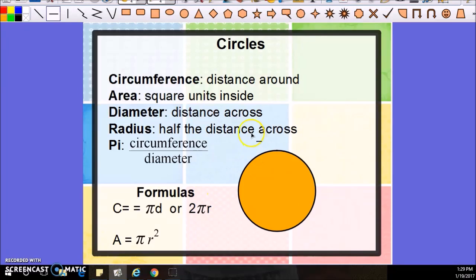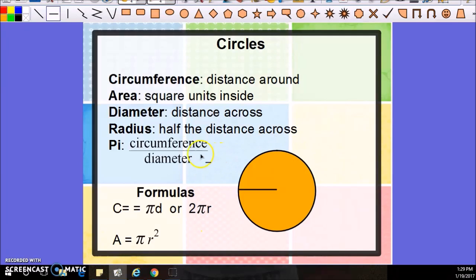Diameter is the distance across, from one side of the circle to the other. The radius is half that distance, from the very center of the circle to one of the outside points.